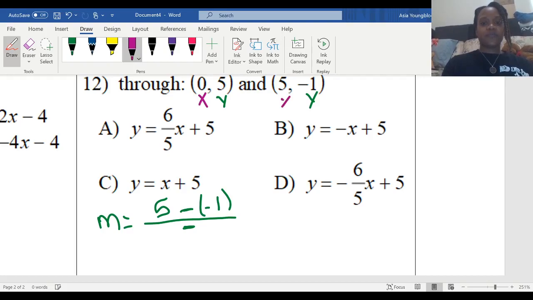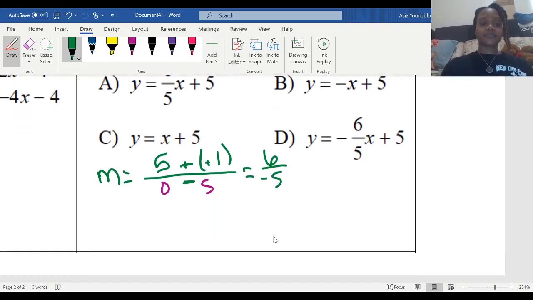So if we start with this 5 for our y value, we have to start with this 0 for our x value. So we're going to do 0 minus 5. Simplifying that, 5 minus negative 1 is the same thing as 5 plus 1, so that's 6. 0 minus 5 is negative 5, which gives us a slope of 6 over negative 5.